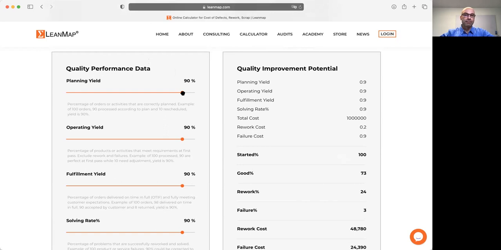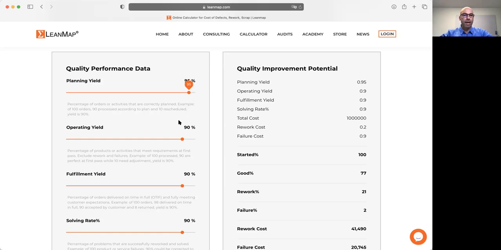Or another case, we are planning in our factory for some production, but we don't have all the resources available, so there is a planning yield loss. So we need to replan. What's the replanning rate? Let's say we are quite good.